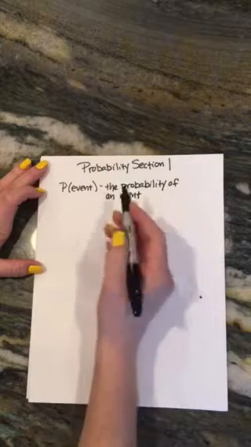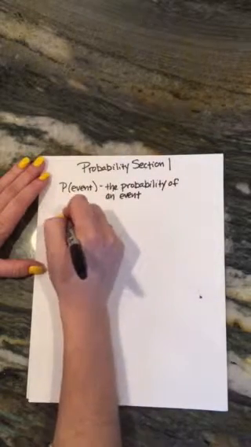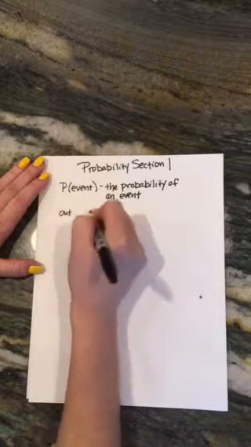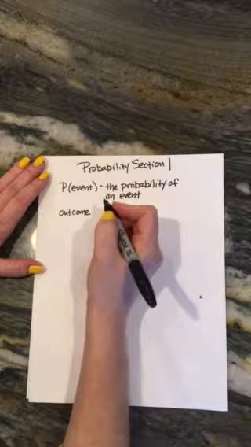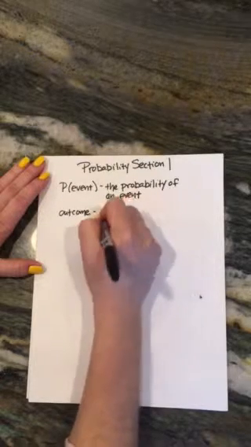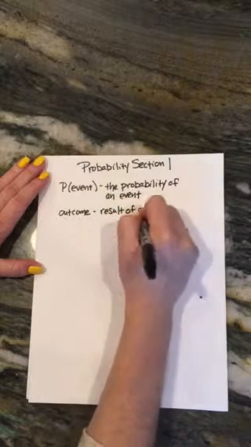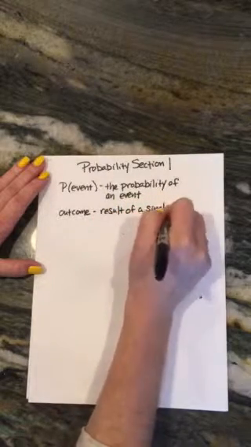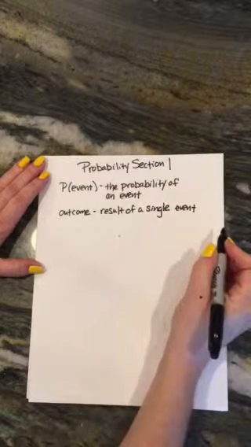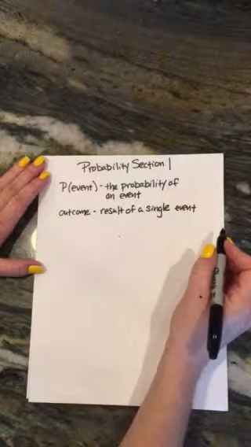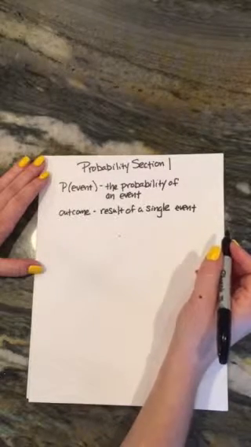When we're doing these problems, we need to keep track of our outcomes. So outcome, and that is the result of a single event. Okay. Now, there are lots of different kinds of events.